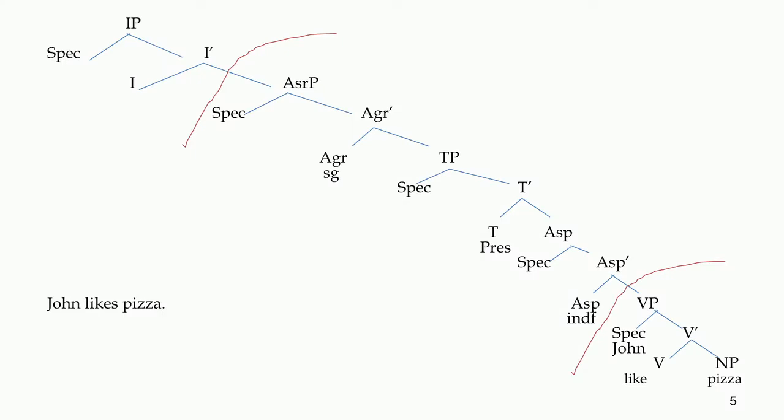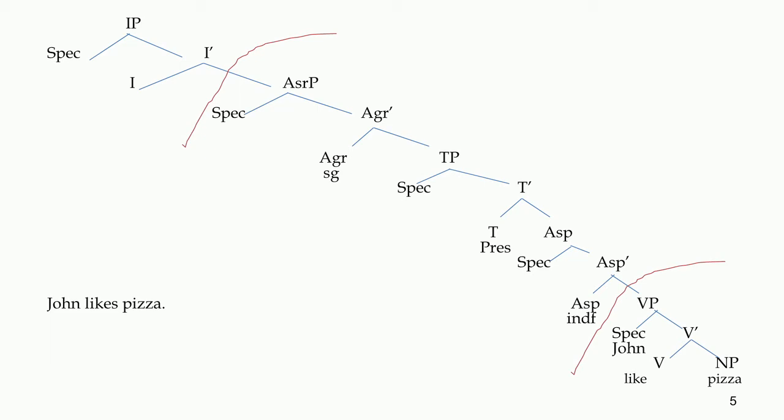What you see on the screen is an expanded structure of the same sentence, John likes pizza, where ideally you would see the subject in the specifier position of the IP and the predicate under VP.